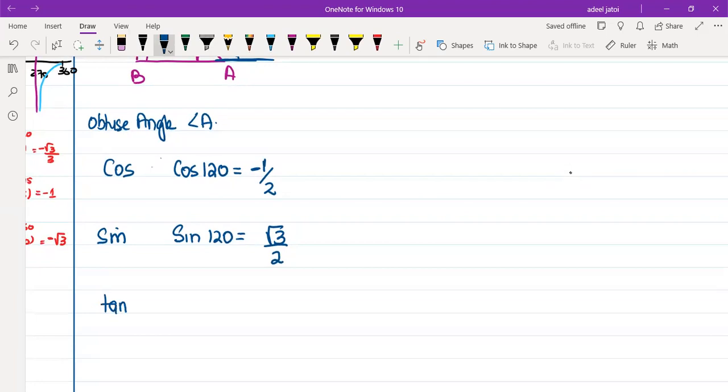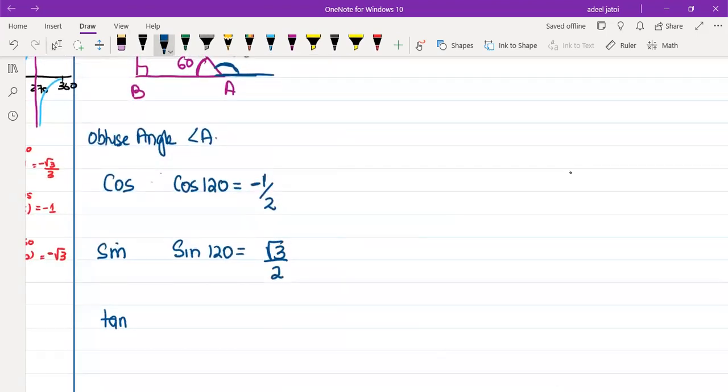If we had tan 60, we can write down tan 120. So tan 60 is root 3, so tan 120 will also be root 3, but the answer will be negative because tan for an obtuse angle is negative.